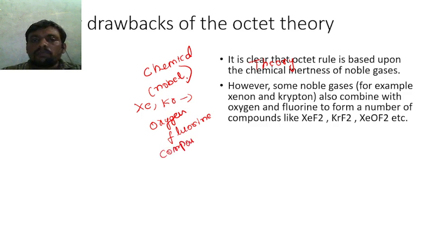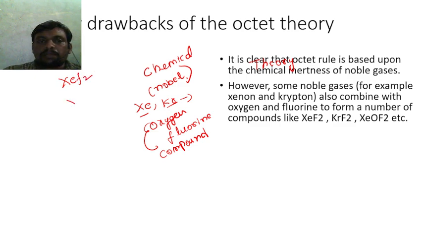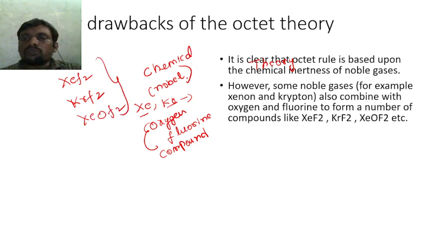The compounds formed by xenon and krypton with oxygen and fluorine are xenon difluoride, krypton difluoride, and XeOF2. These are different compounds formed when zero group or inert noble gases interact with oxygen and fluorine.